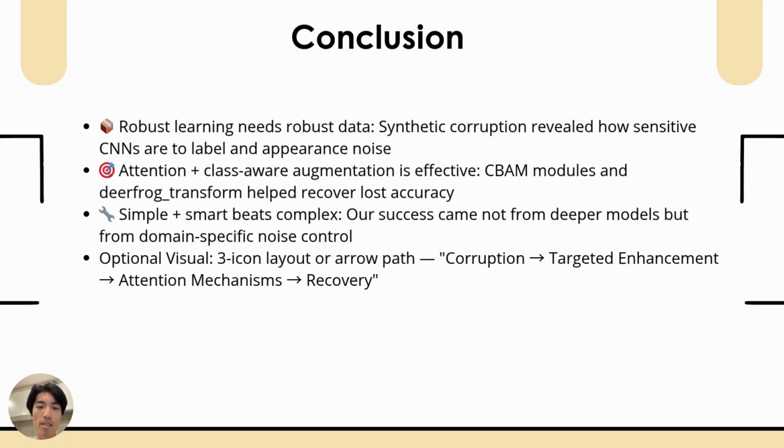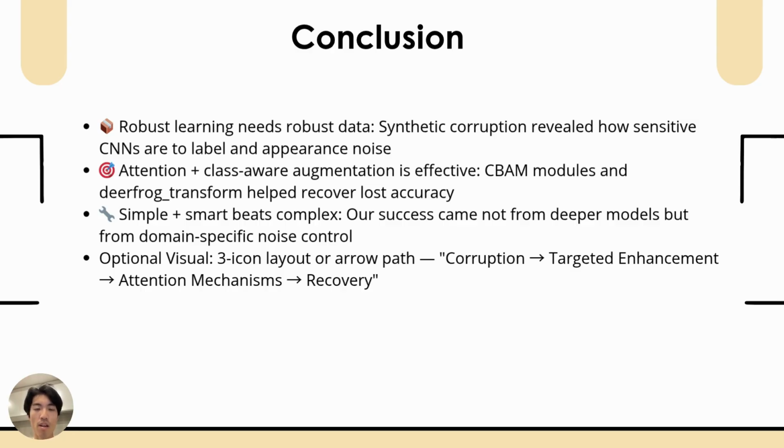Here are the key insights from our study. The first one is robust learning needs robust data. Our experiments showed how easily CNNs can break down when trained on noisy labels or visually corrupted data. This highlights the importance of addressing data quality from the very beginning.